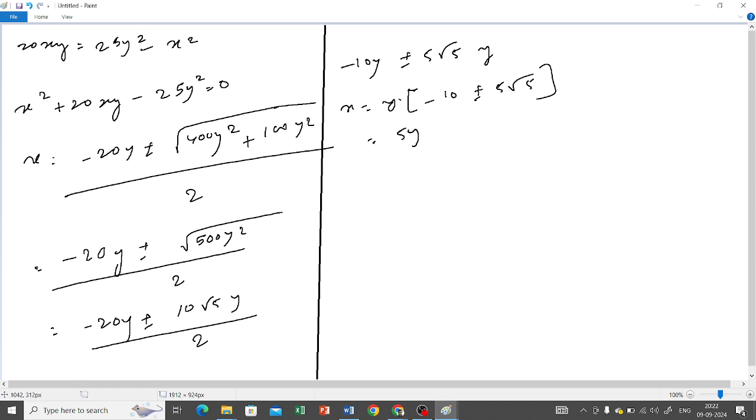I can take 5 common as well, minus 2 plus minus root over 5.